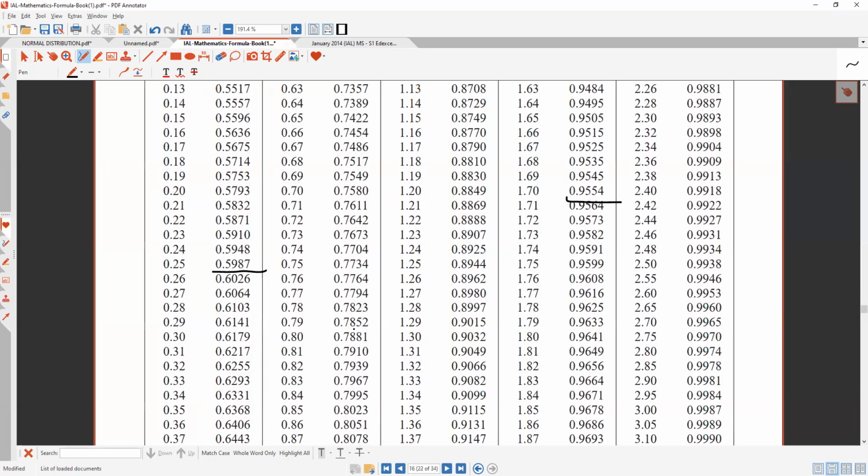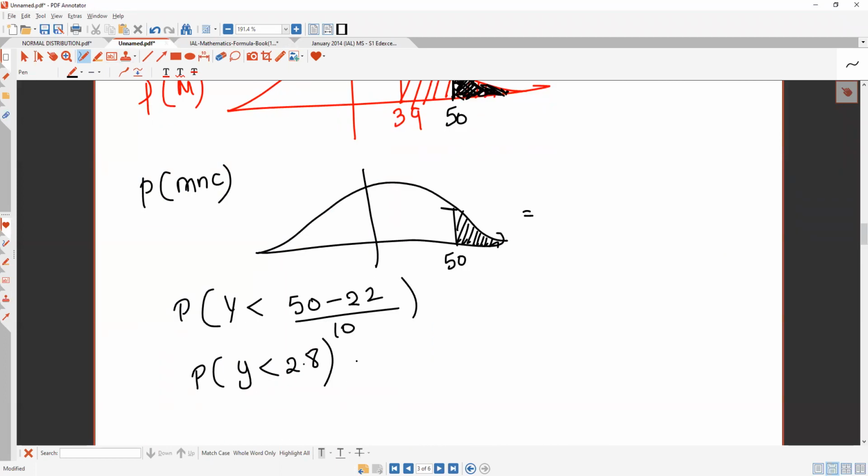So Y less than 2.8, if you do it in your calculator, is 0.9974. Now you have to do 1 minus 0.9974. How much is it? 0.0026.